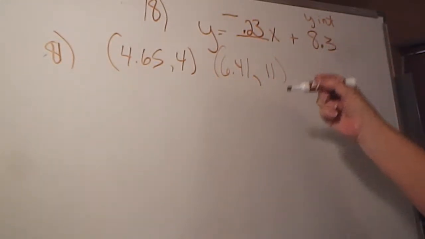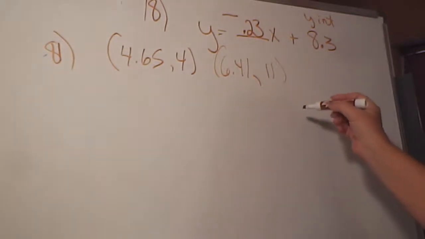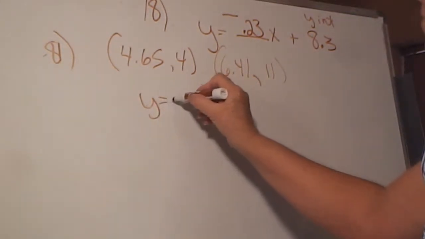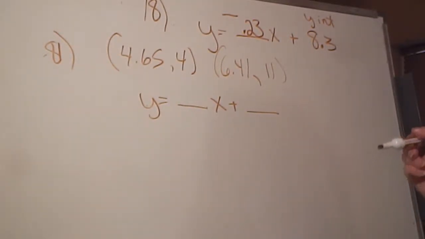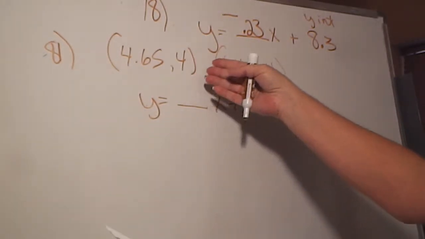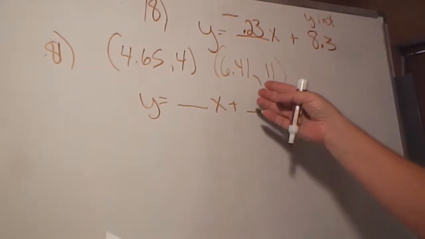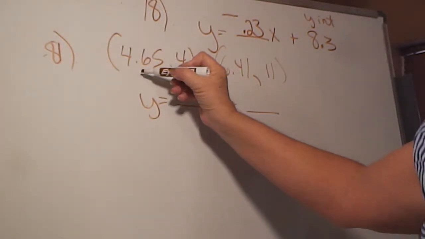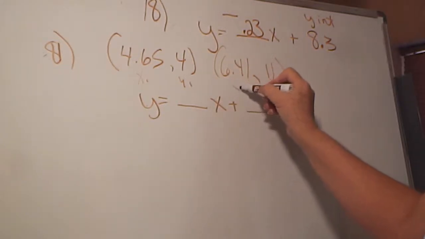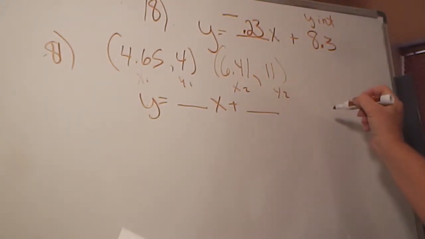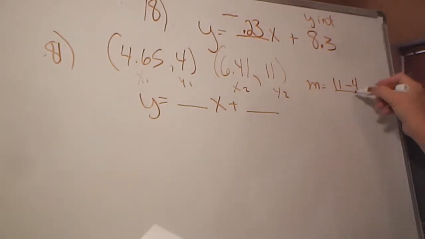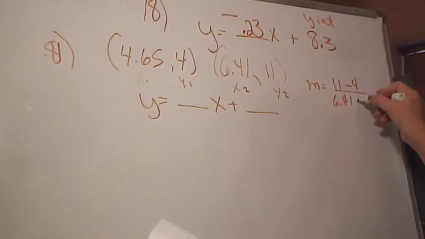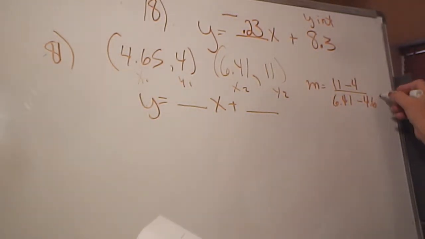If I'm going to put this into an equation, it needs to look like y equals something x plus b. All right, I picked the first one. However, it is not a y-intercept, so I need to go ahead and use point slope. This being my x1, y1, x2, y2. And if I do a slope, it's 11 minus 4 over 6.41 minus 4.65.